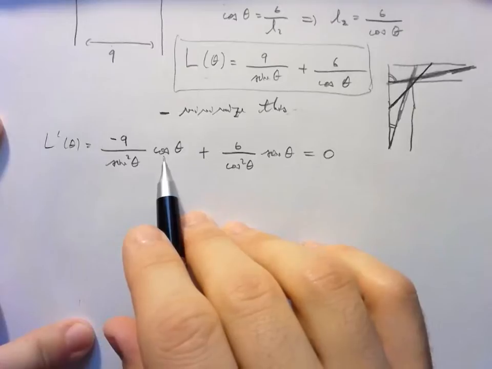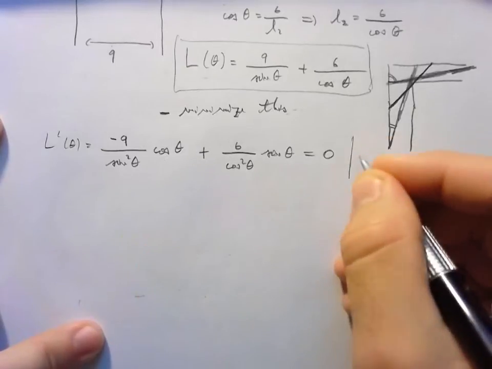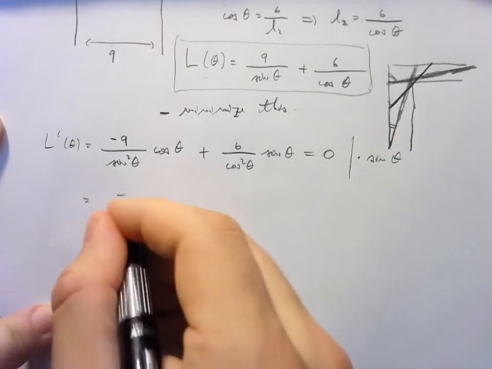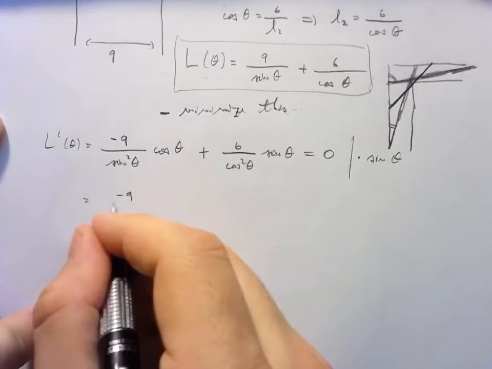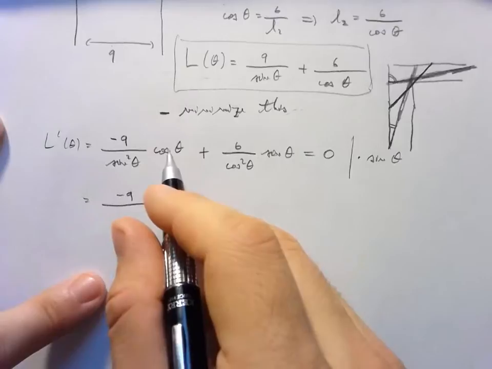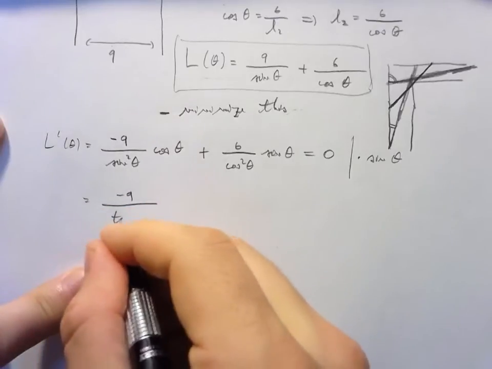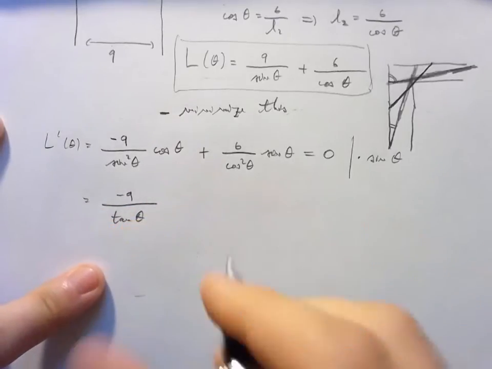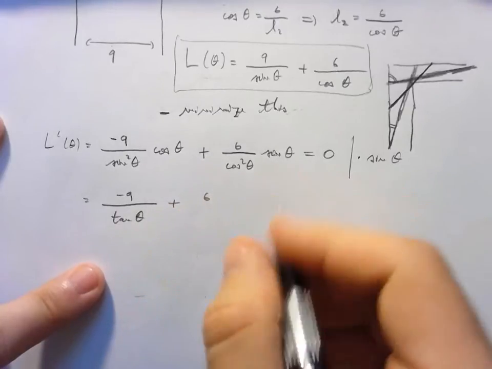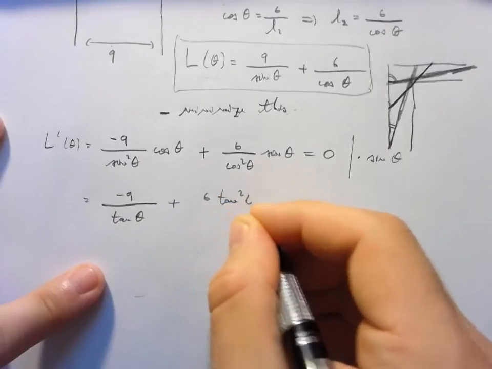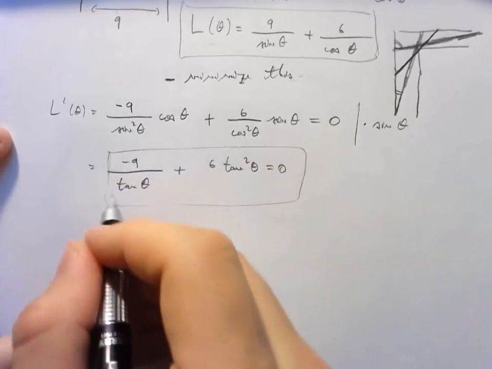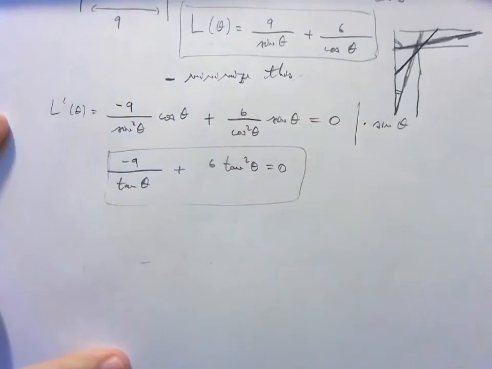Now I'm going to multiply both sides by sine of theta. So I end up with minus 9 divided by, if I multiply by sine, one of the sines cancels, so I have cosine over sine. So I'm just going to divide by tangent, right? Take the reciprocal, plus 6 tangent squared theta equals 0. This is the equation I'm trying to solve.